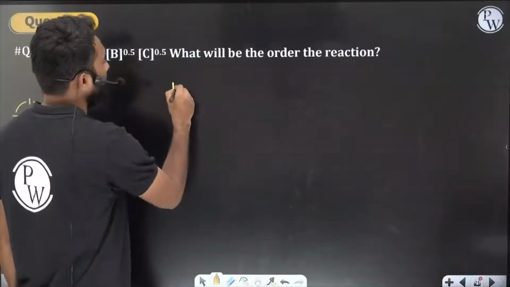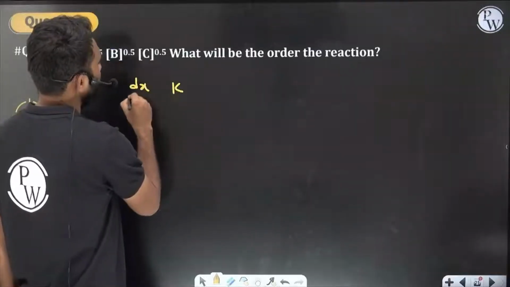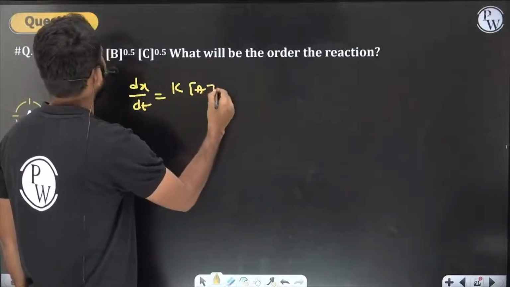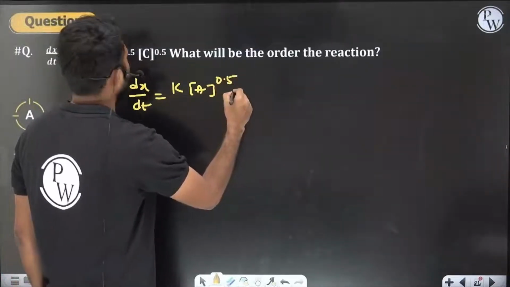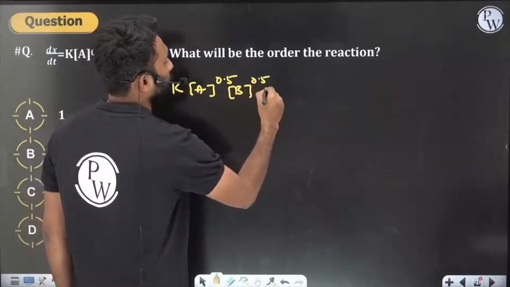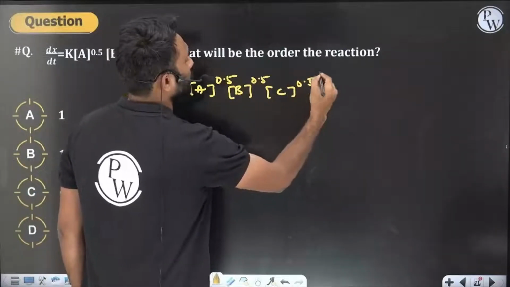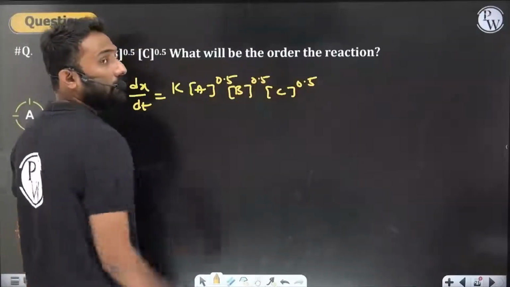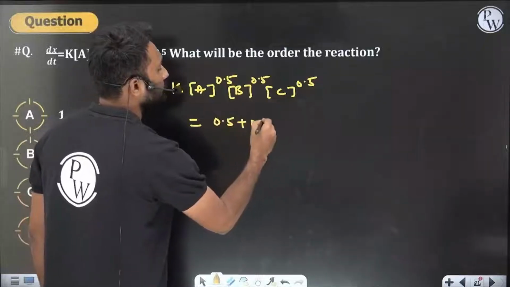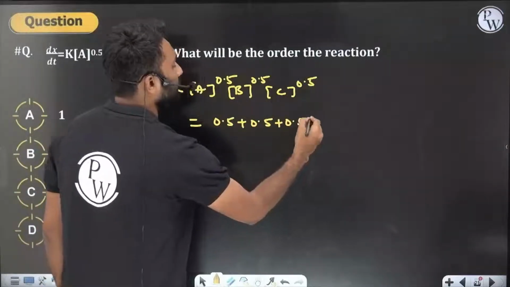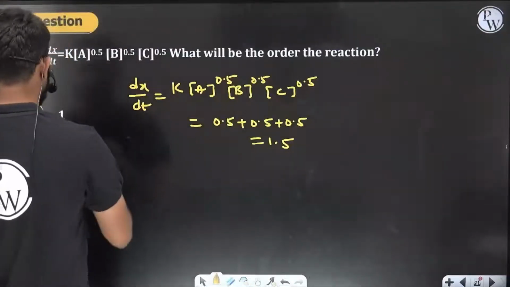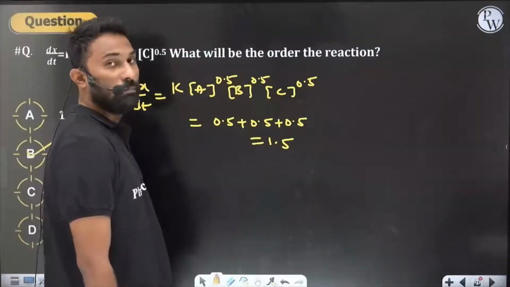Now here dx by dt is equal to k times the concentrations, and the orders here are 0.5 each. Now the sum of the orders of these will give the total order. 0.5 plus 0.5 plus 0.5. Now it will become 1.5. So the total order of the reaction will be 1.5.